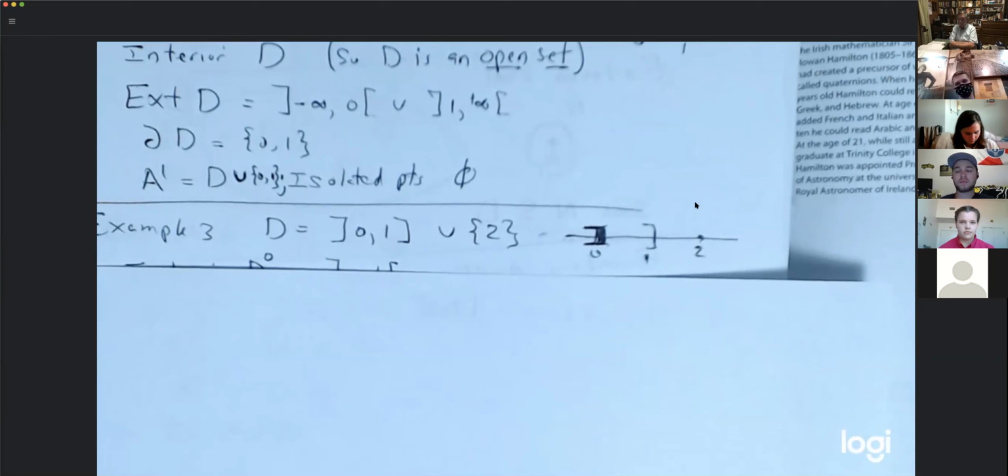So 1 is not an exterior point because, in a non-mathematical way to say it, there's no distance between the set and 1. You can get as close to 1 as you want and stay in the set. And therefore, it can't be exterior. Exterior means it's isolated from the set.